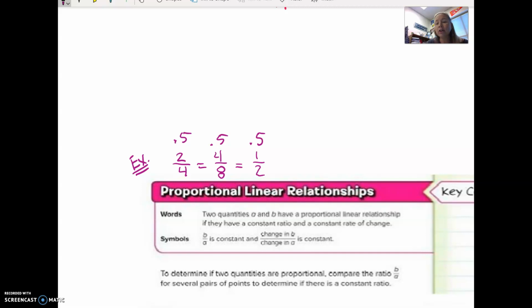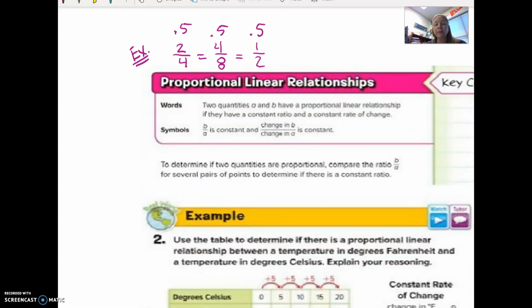That is considered a proportional relationship because they all equal 0.5. So in a proportional relationship, even though the fractions might look different, if you divide them and they all equal the same decimal, then you know that they're proportional, and that's what we're going to be looking for today for the second part of this lesson.